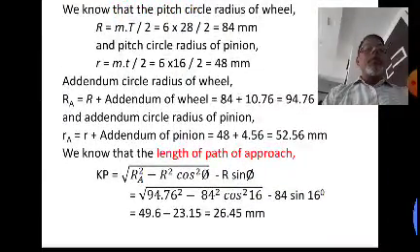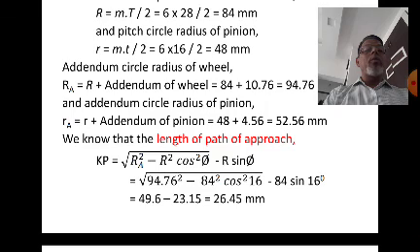So this way you can find out capital RA and small ra, and then with the help of this you can find out the length of path of approach. Length of path of approach is under root of capital RA square minus capital R square cos square phi, minus capital R sin phi.